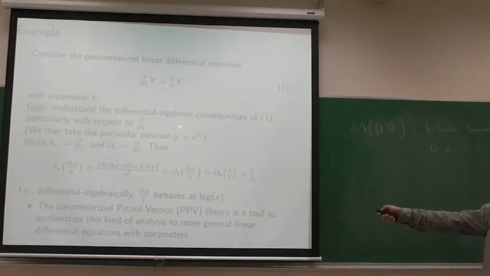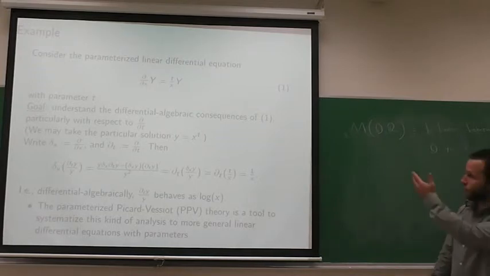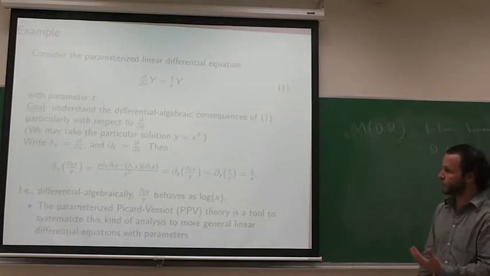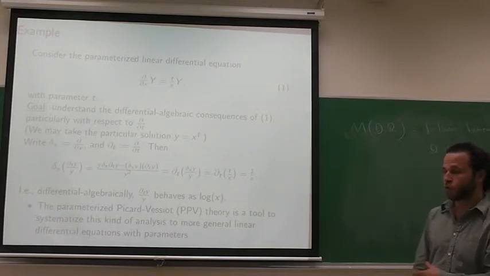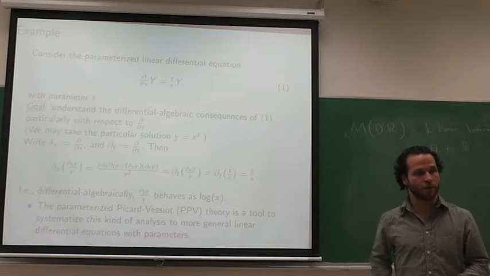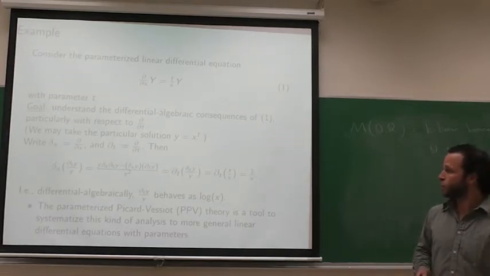Let me just observe that in this simple example, you can think of a solution of this equation very concretely as x to the t, but this is all formal and algebraic, so my fields don't consist of functions. They're just formal differential fields.